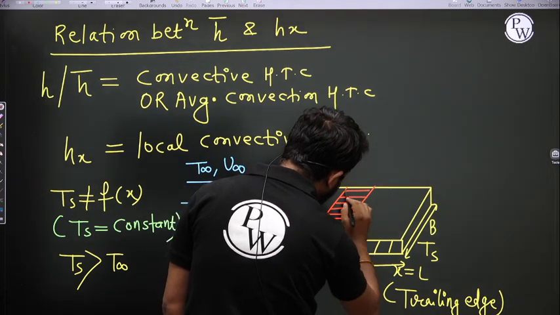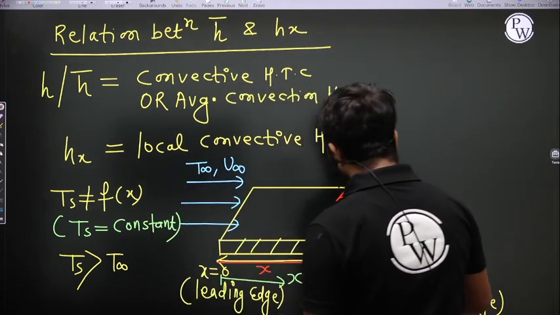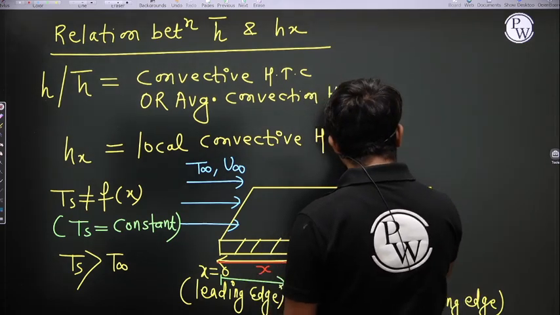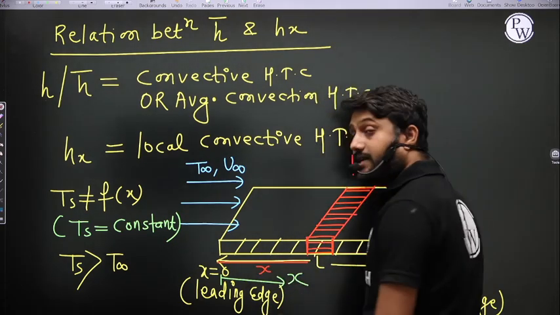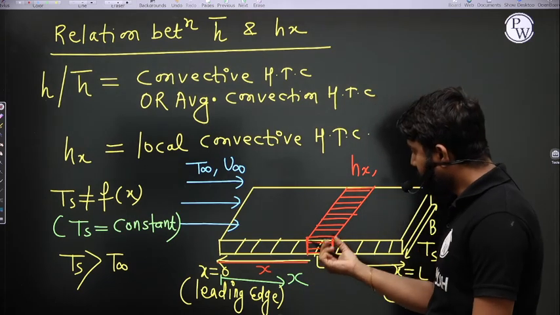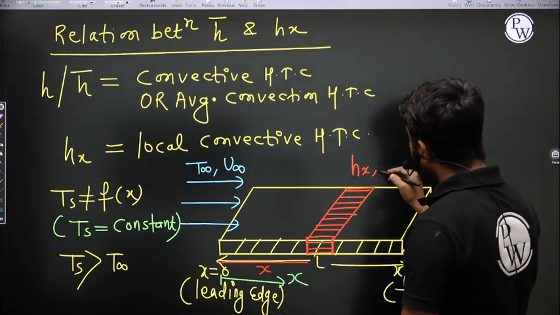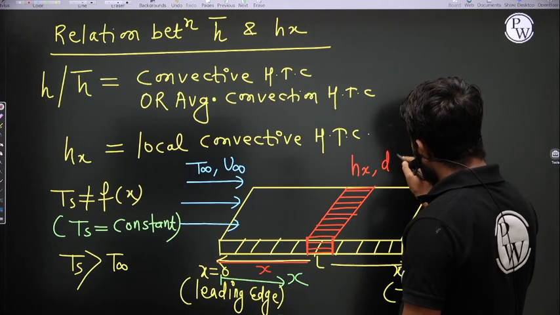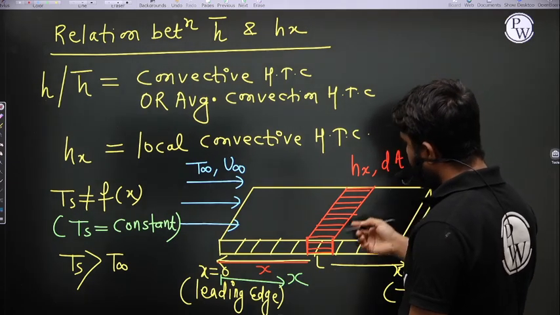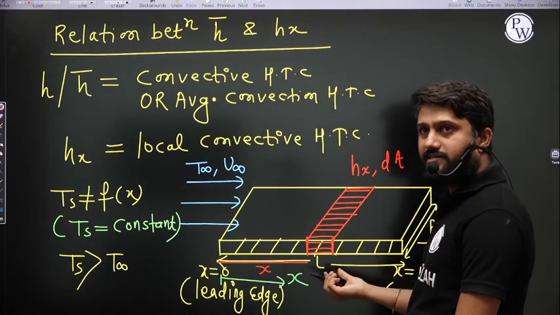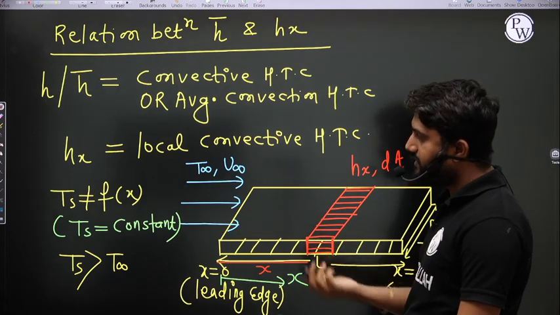This is the small element, right? And for this small element, the convective heat transfer coefficient is hx. At a distance x, the convective heat transfer coefficient is hx. Area is dA, and surface temperature is Ts, because I already assumed that Ts is constant.